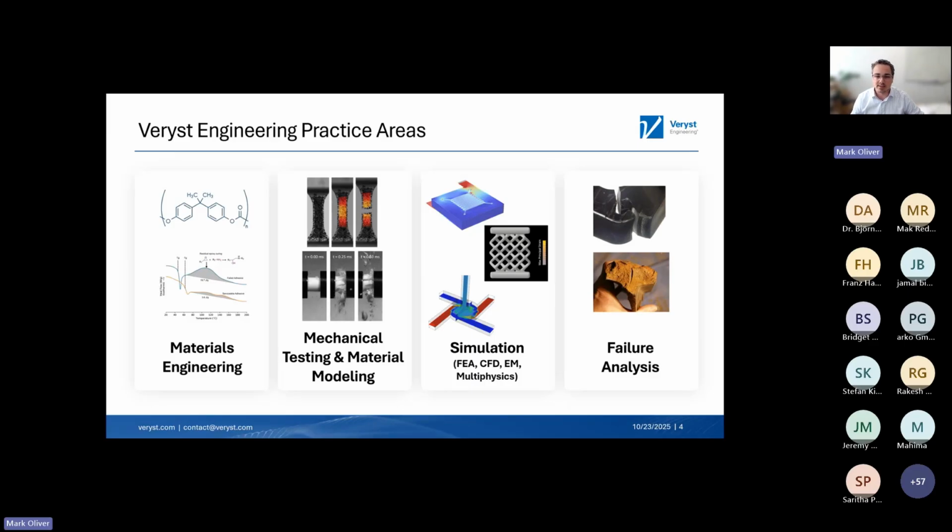The second bucket is mechanical testing and material modeling, which we'll talk about quite a bit today as it pertains to adhesive materials. And then we also do a lot of simulation, both fluid mechanics, solid mechanics, and electromagnetics. We are a COMSOL certified consultant, so there's a group of us that specializes in multi-physics simulation.